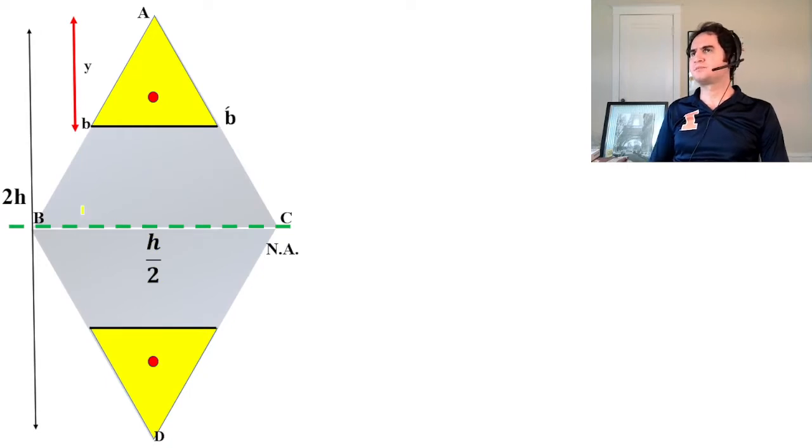If we just consider a small element at the top, so our rhombus is A, B, C, and D. We do know tau maximum.